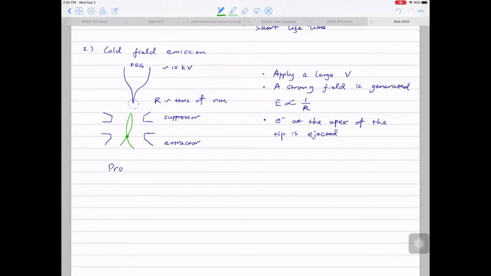In the next class, you will see the electron beam crossing a number of times, which eventually gives you the image. Back to the pros and the cons. For the cold FEG, it gives you very high brightness.